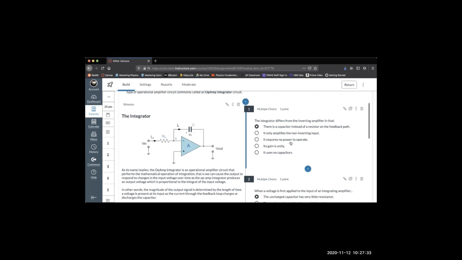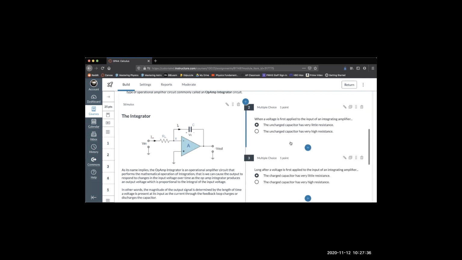That's the difference. When a voltage is first applied to the input of an integrating amplifier, the uncharged capacitor has very little resistance. A capacitor, when it's uncharged, is perfectly happy to be charged.